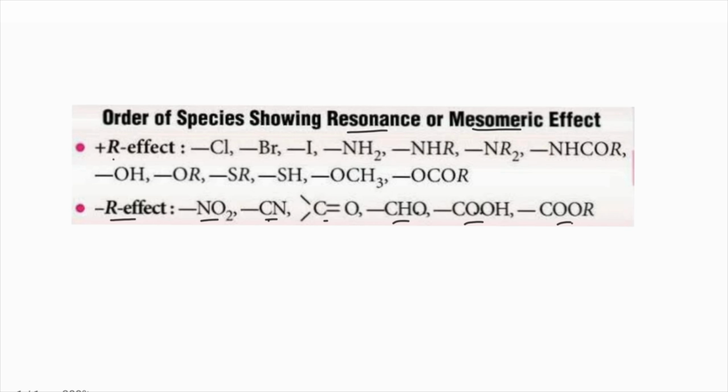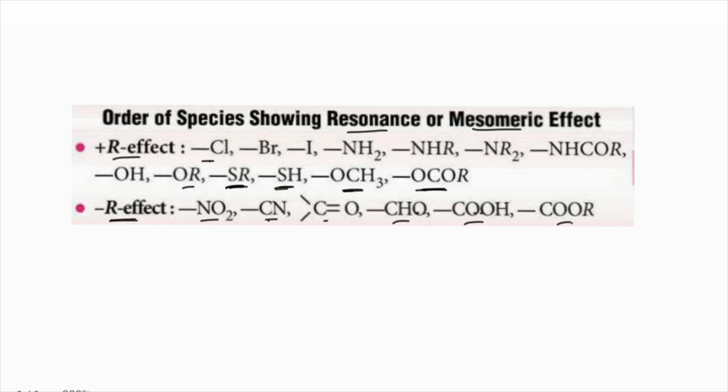The plus R effect is shown by chloro, bromo, iodo, amine, NH substituted amines. Then we have amides, alcohol, ether, substituted thiol, methoxy and esters.